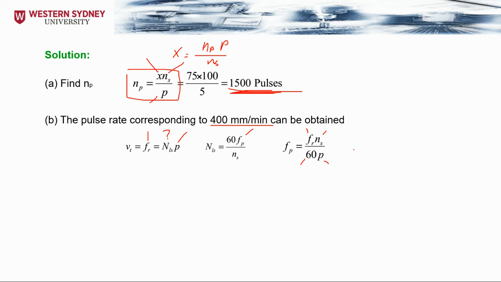Now in this equation, we know all the parameters. The feed rate is 400 millimeters per minute. Ns is 100 pulses, divided by 60 multiplied by 5 millimeters per revolution. And thus the value for fp is equal to 133.33 Hertz.